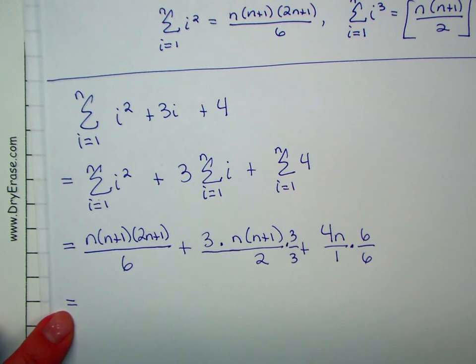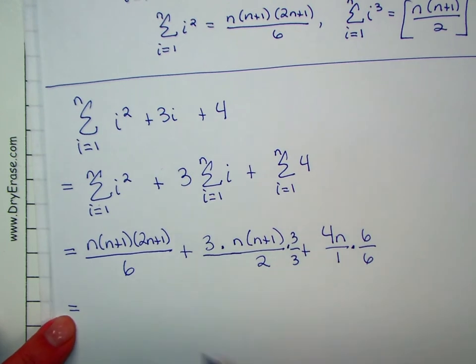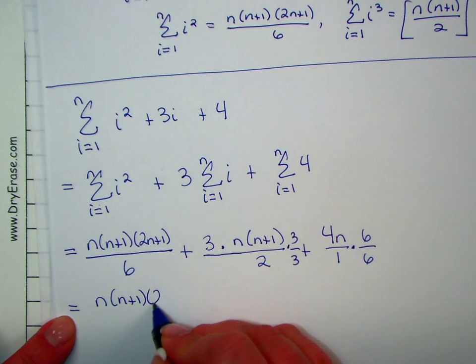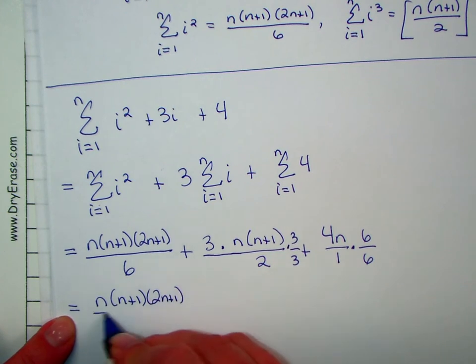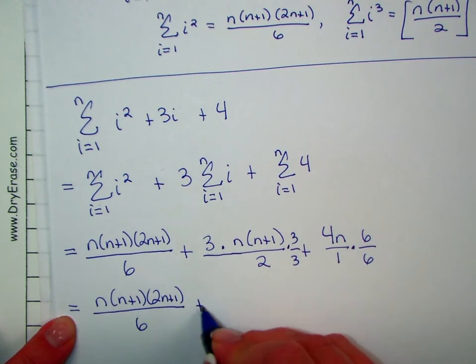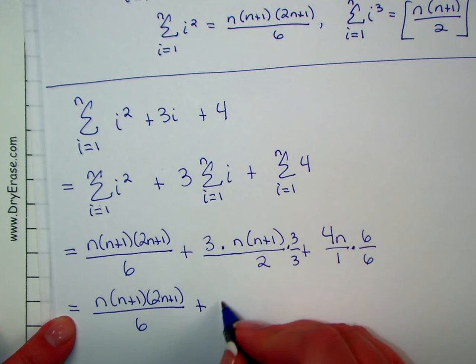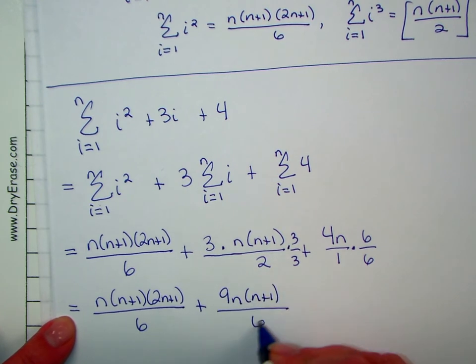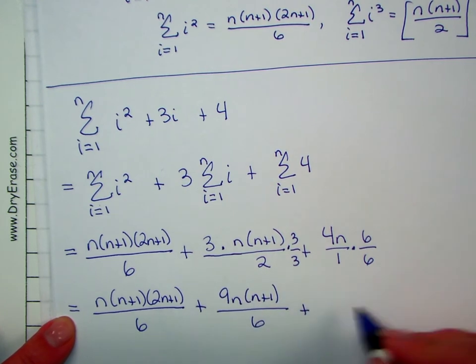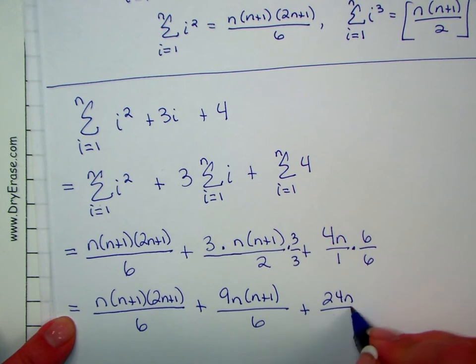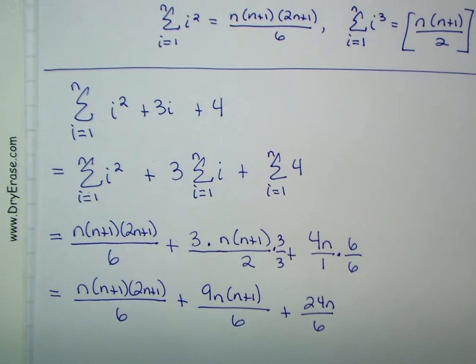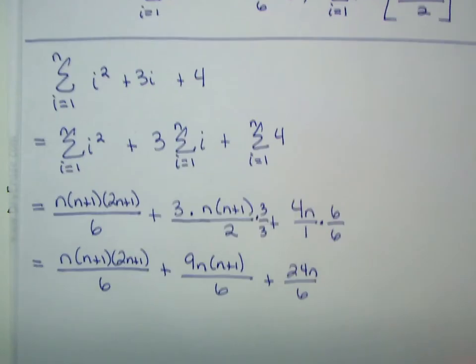Now that I have a common denominator, n times n plus 1 times 2n plus 1 over 6, this fraction is now 9n times n plus 1 over 6, and this last fraction is 24n divided by 6. Let's go ahead and just factor what we can.